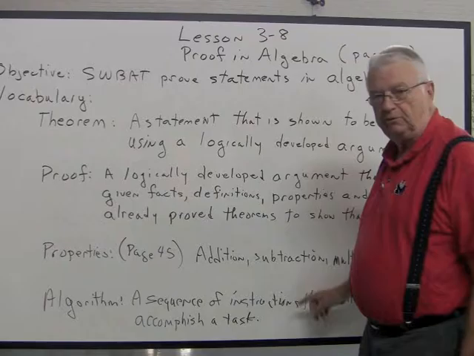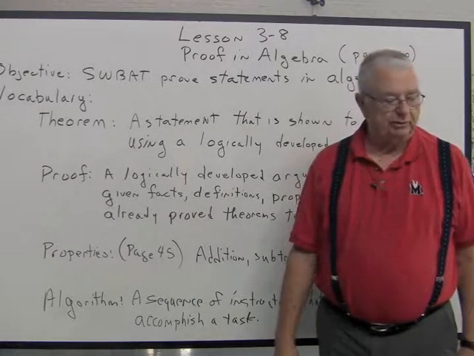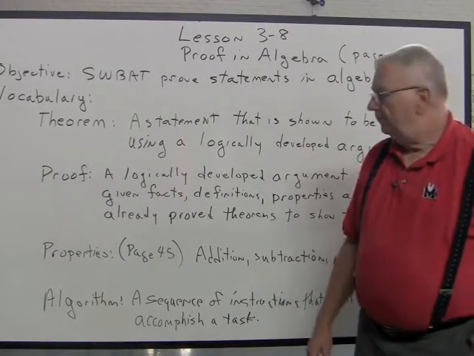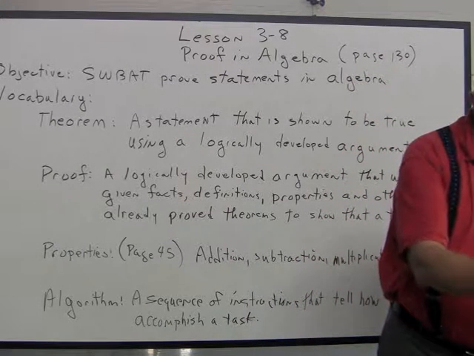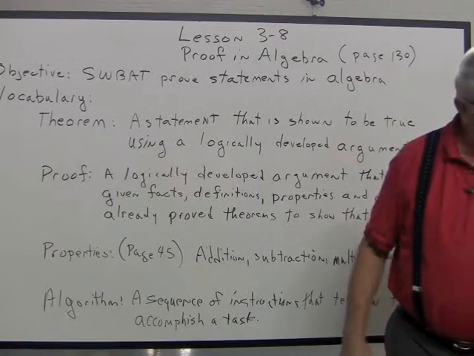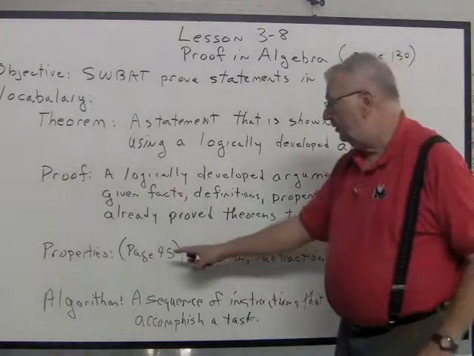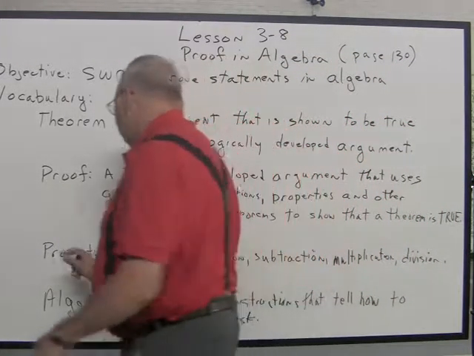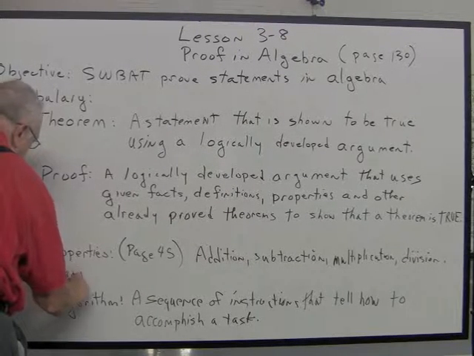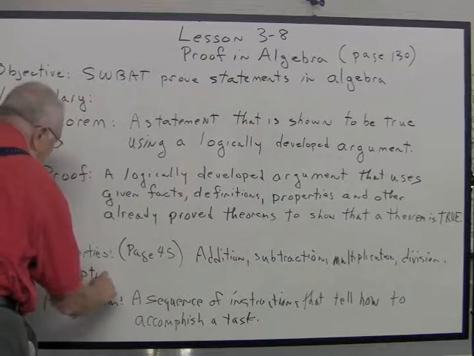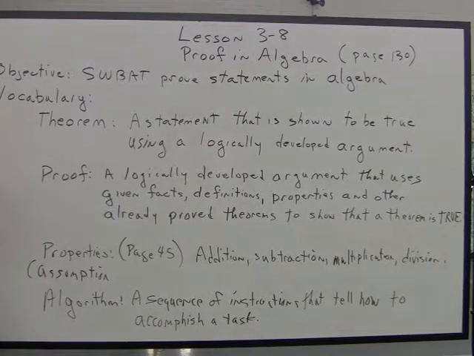Now, the properties, you can look back in your textbook on page 45, where they have some properties for addition and subtraction. There's another name for properties that you will see. Sometimes people will call these properties assumptions. So instead of saying the word property, they'll use the word assumption.